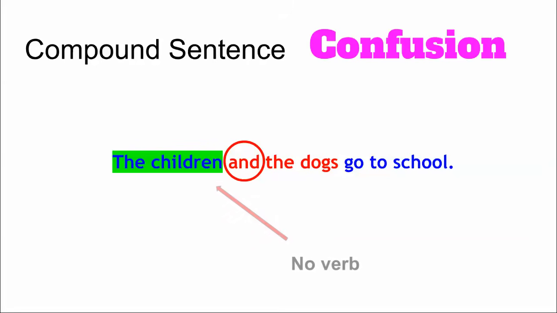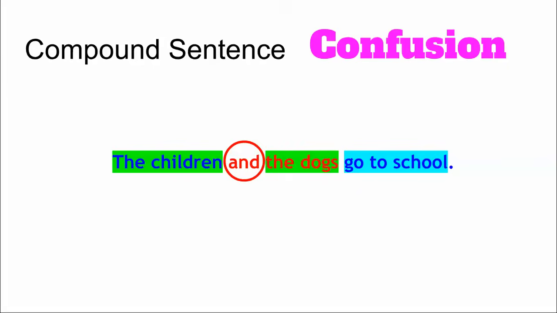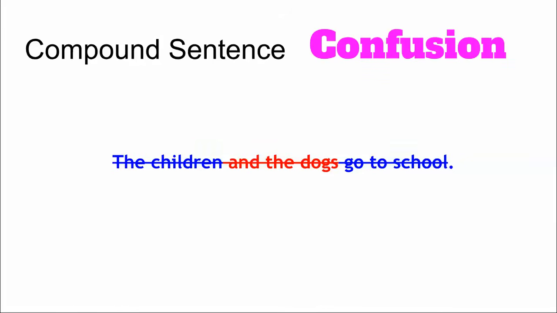I don't see a verb. So it's not equal on both sides. There's not a complete sentence on the left and a complete sentence on the right. It's not balanced. So this is not a compound sentence. That is actually a simple sentence with a compound subject. The dogs and the children go together, and those things are both going to school. So that would be called a compound subject, but it is not a compound sentence.